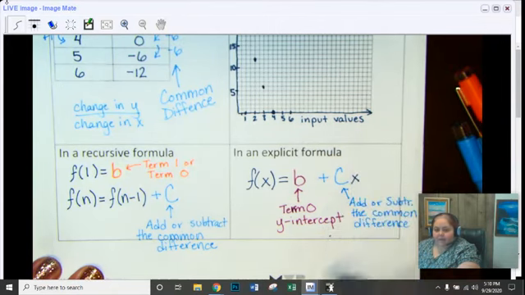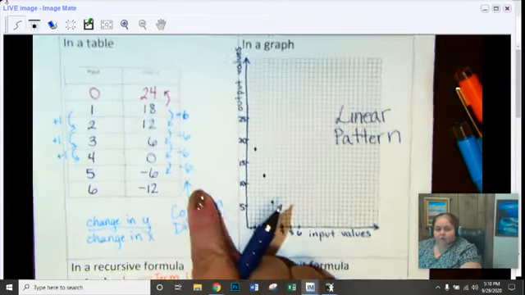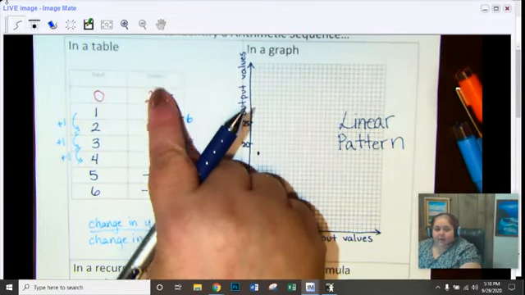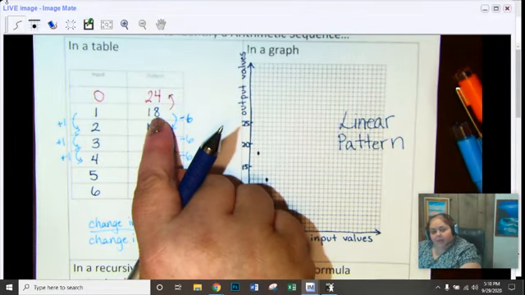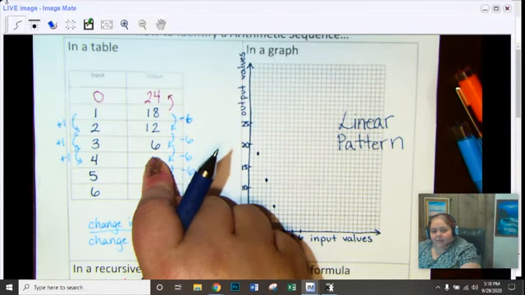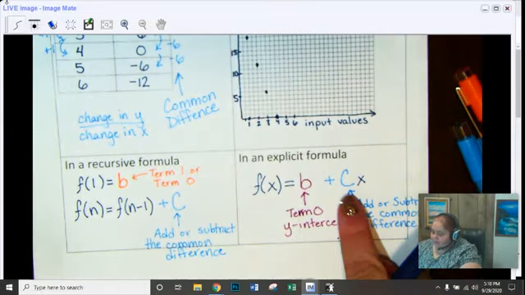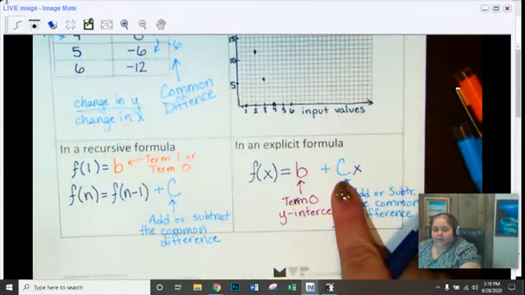That's how many times you're subtracting 6. So you're starting at 24 and you're subtracting 6 one time to get here, 2 times to get here, 3 times to get here, 4 times to get here. So that's what the formula gets written out as.